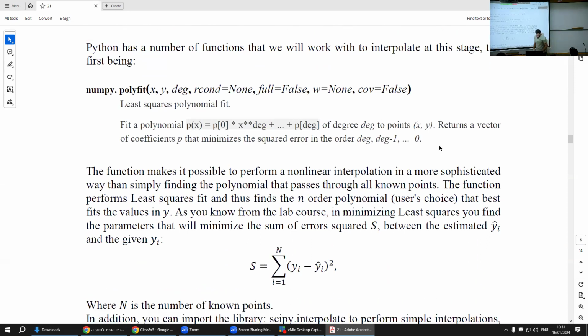So this is a note for you to know that the fitting, or the fit, is somehow to fit. We just talk about this. We have data.